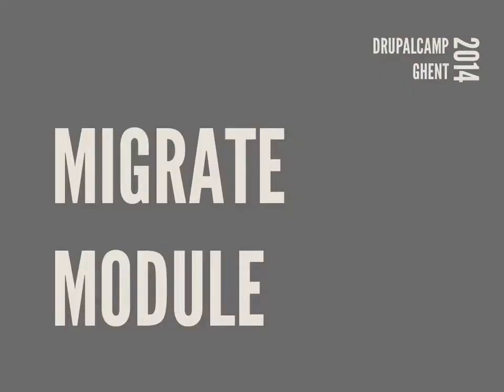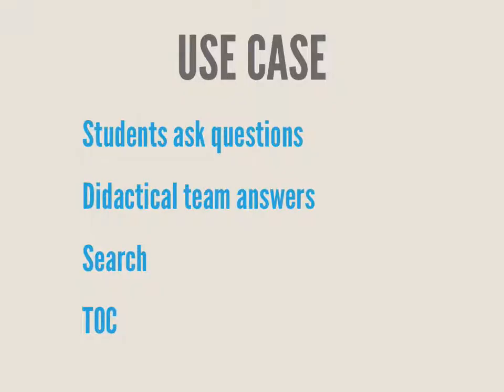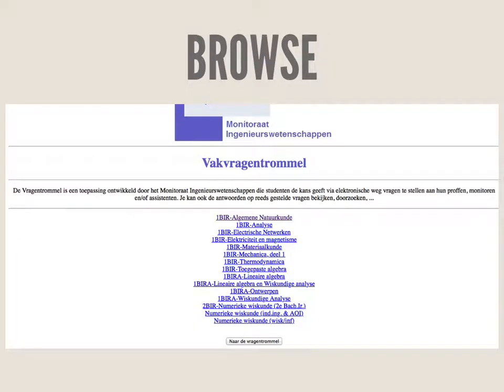So I will walk through the different parts of the Migrate module using the example use case. So I mentioned already, students ask questions online. Members of the didactical team answer these questions. Students can search questions that have been answered, and there's also some kind of table of contents. Just to give you an idea what this site looked like.